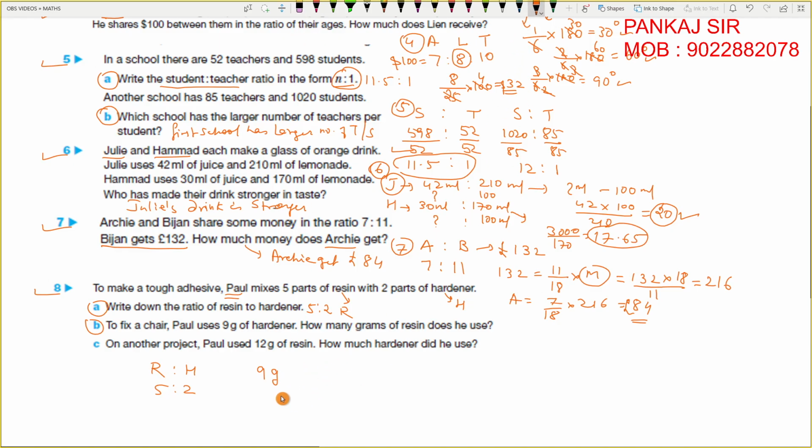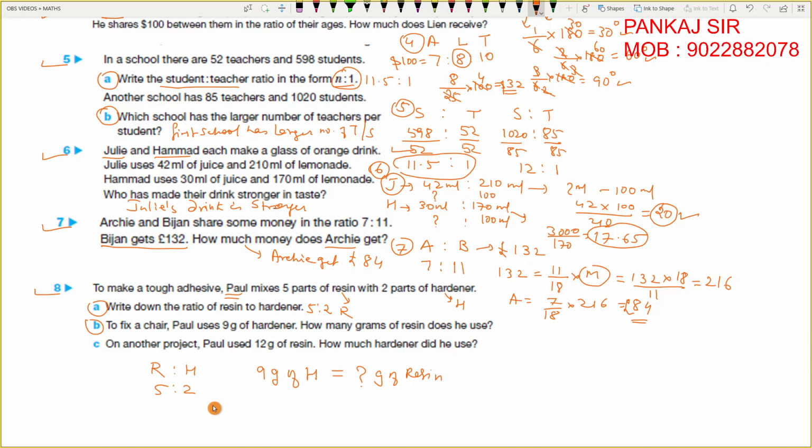Paul uses 9 grams of hardener. How many grams of resin is that? The ratio of resin to hardener is 5 to 2. So what you have to do is make this hardener 9.